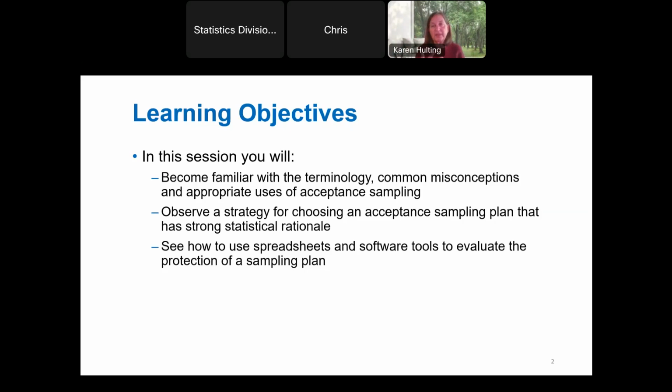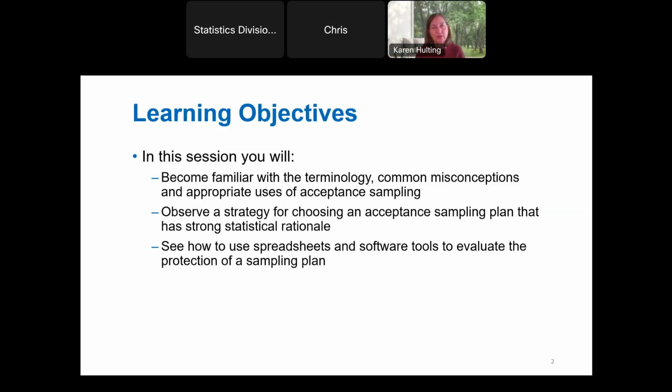There are particular applications of acceptance sampling that are really appropriate. There are some uses of acceptance sampling that are not. So we'll talk about both of those. Now, there's this term, strong statistical rationale. So we're going to talk about how we plan an acceptance sampling strategy that has strong statistical rationale, and what statistical rationale is. And then I'm going to show you how to implement this.